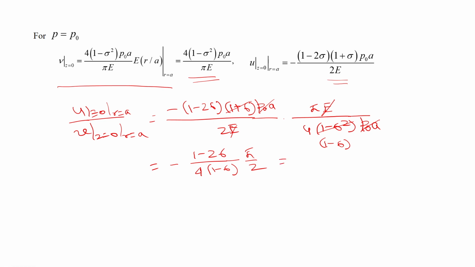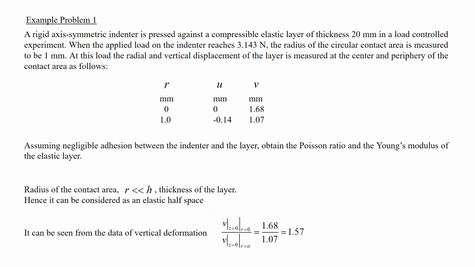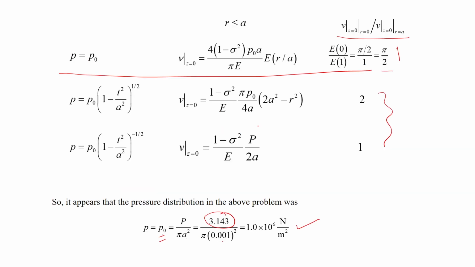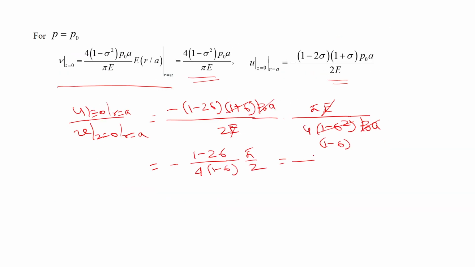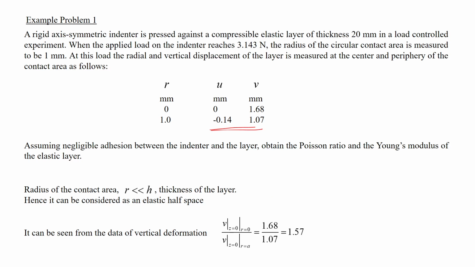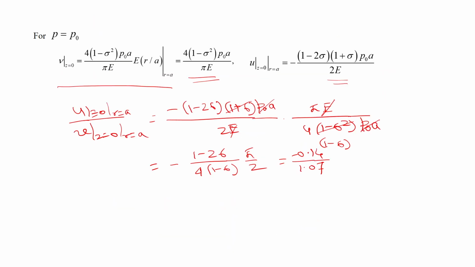From the data that has been given, u by v at the periphery is the result minus 0.14 by 1.07.